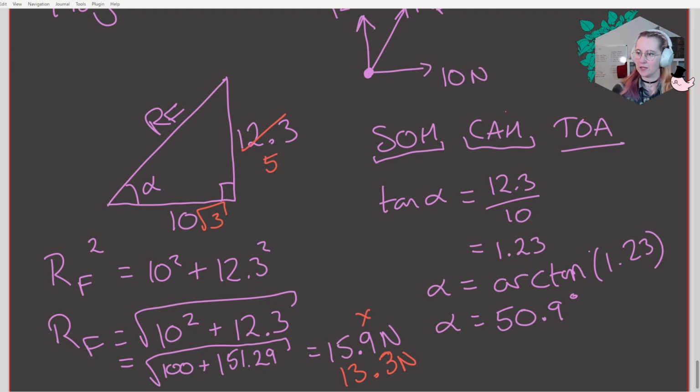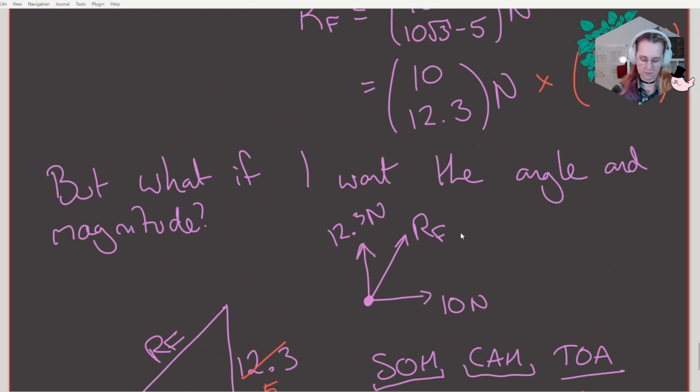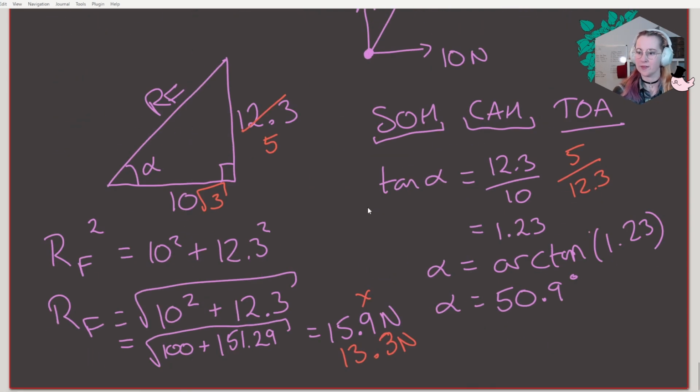And this should be, so still opposite over adjacent, so 5 over 12.3. Sorry. 17.3.